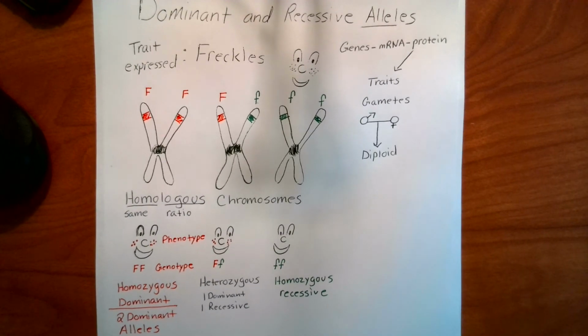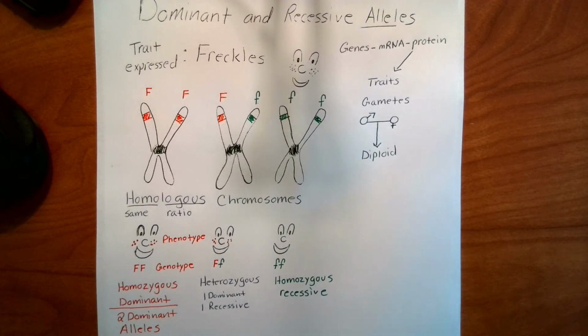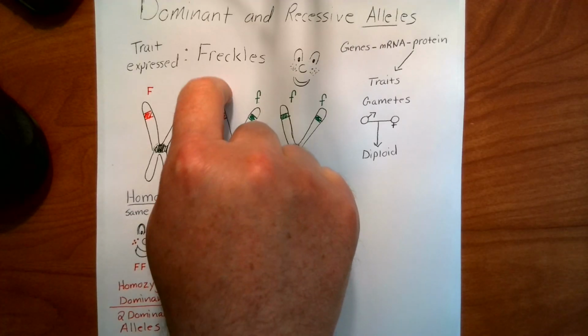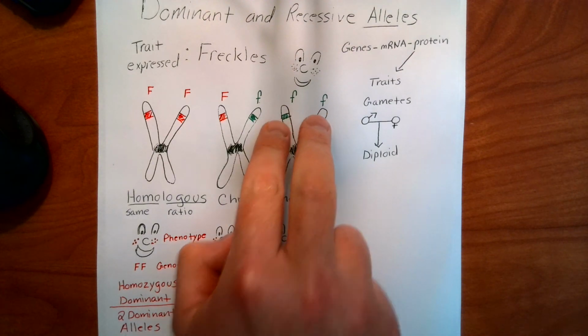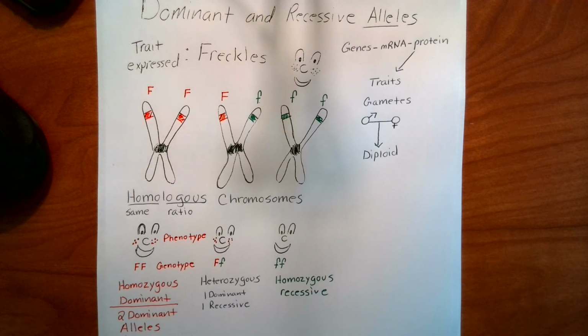Remember, alleles are different versions of the same gene. The example we use, freckles, meaning that you've got a dominant allele for freckles, and if a person has one dominant allele for freckles, they're definitely going to have freckles. But if they have two recessive alleles for freckles, then they will not have freckles. Okay? And that is a little bit about dominant and recessive alleles.